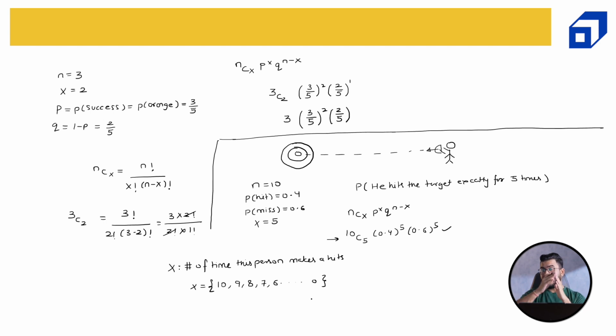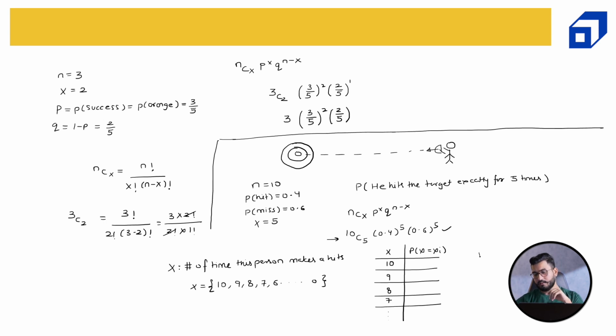Now against each value of the random variable, if I calculate the probability and plot them, so let's say here I have x, here I have probability of x equal to xi, and I calculate all the probabilities: what is the probability that he will hit the target exactly 10 times, 9 times, 8 times, 7 times, and so on.